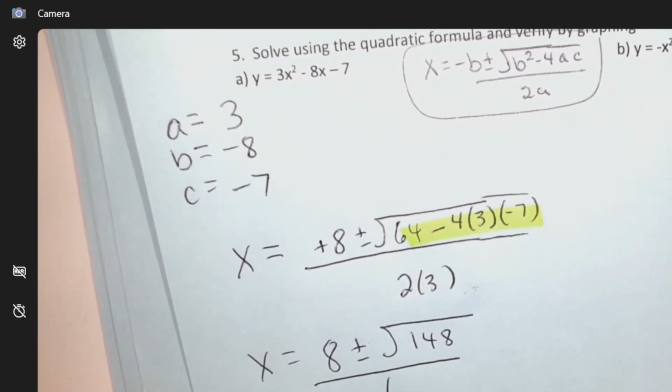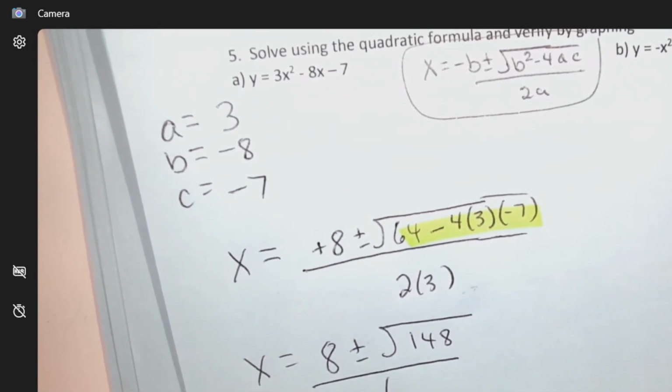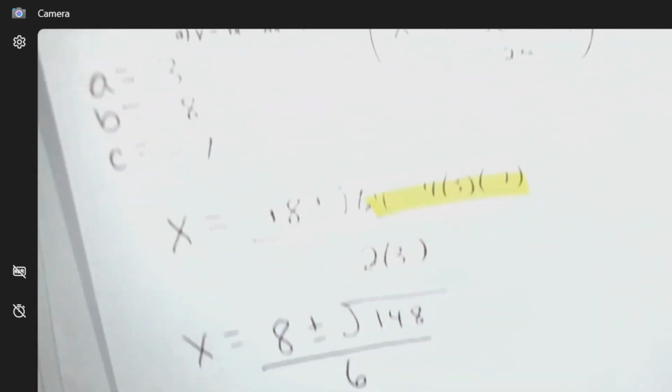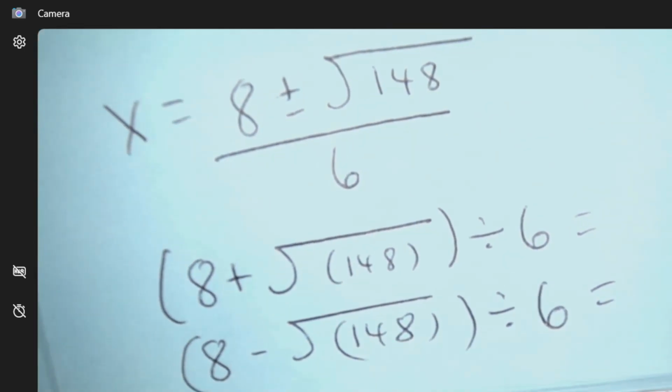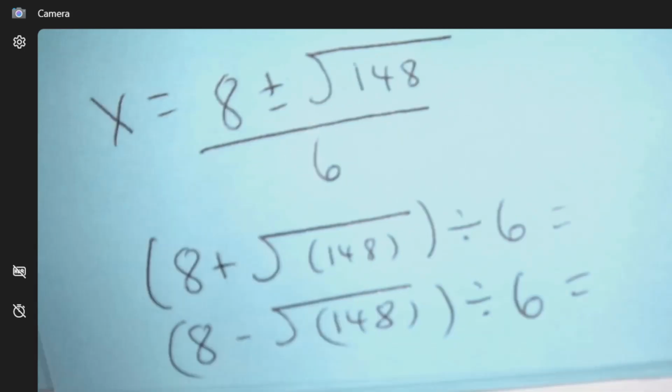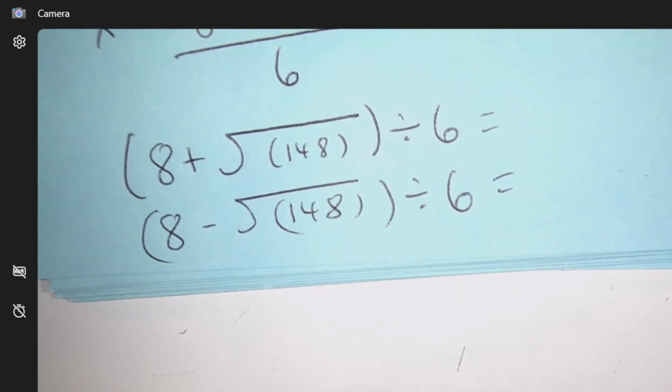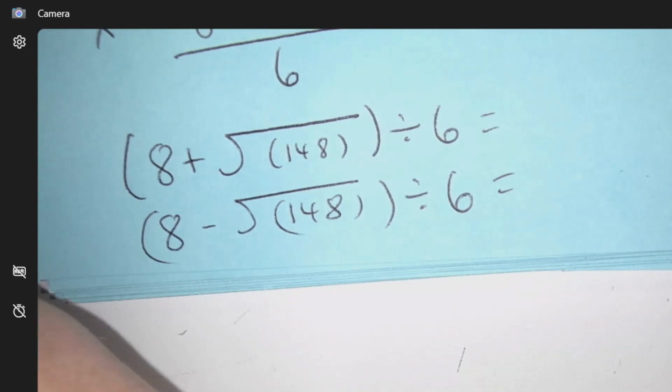You don't have to write this, but this is just what my calculator looks like. Eight plus the root of 148 in brackets, divided by 6.